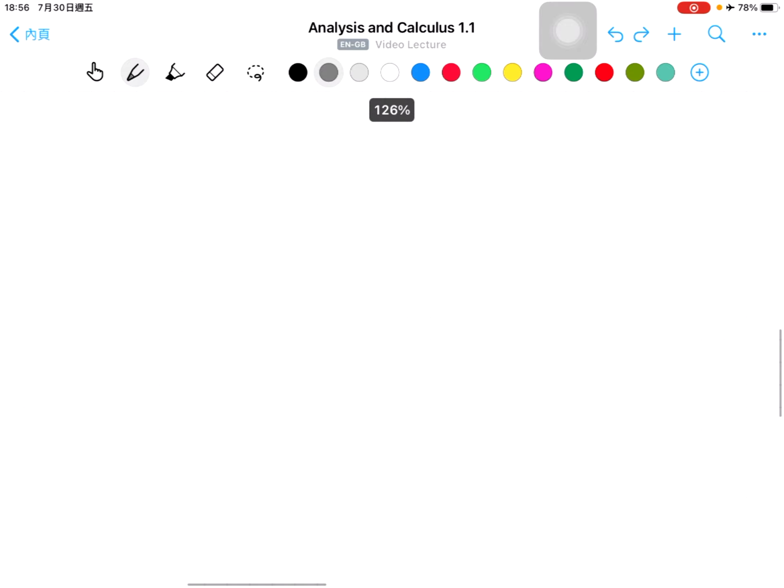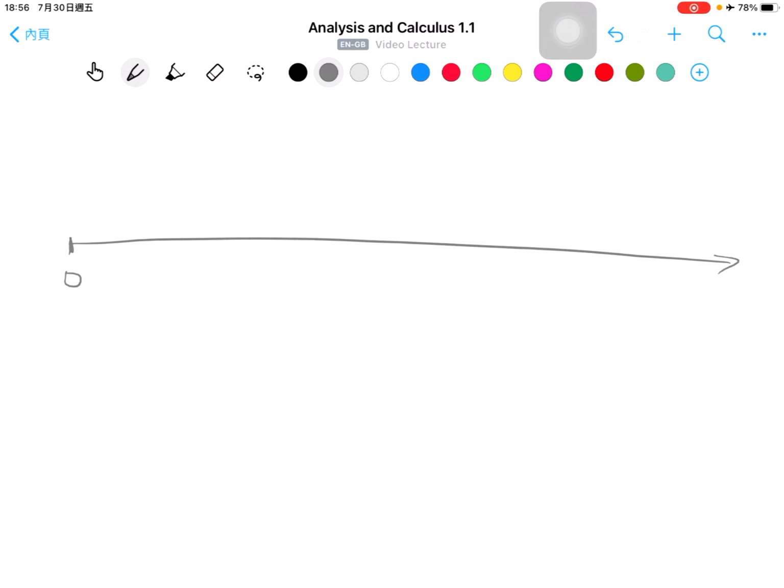I'll draw it on a number line. Let's say this is 0. I'm going to deal with the positive side here. I'm not going to demonstrate the negative side, but you can just extend things over there.